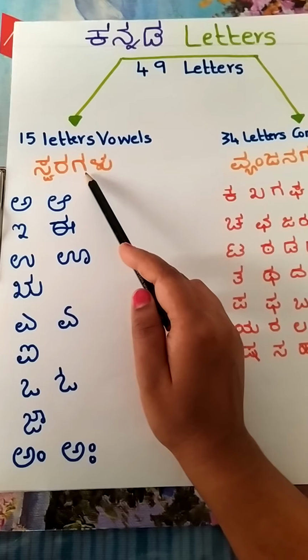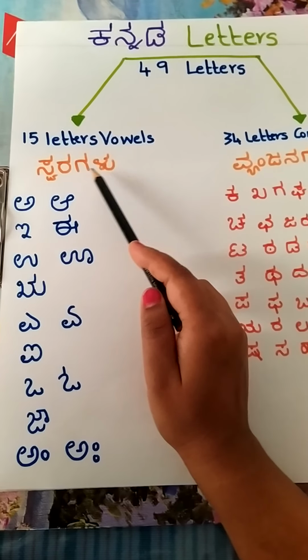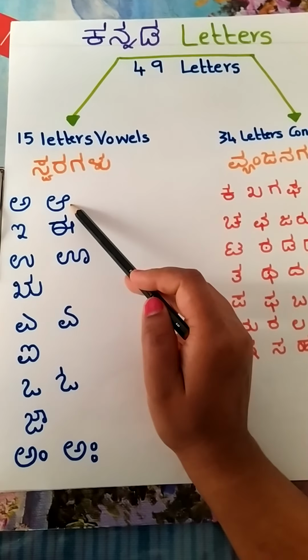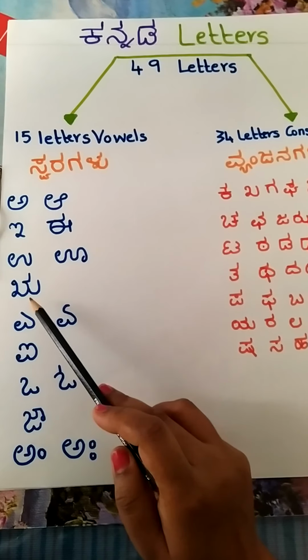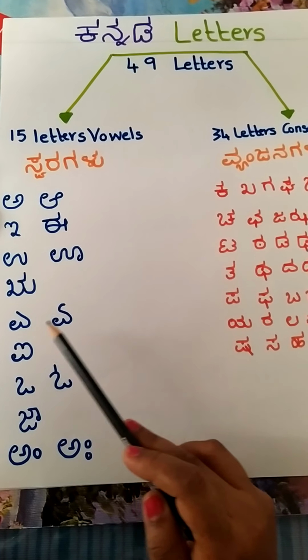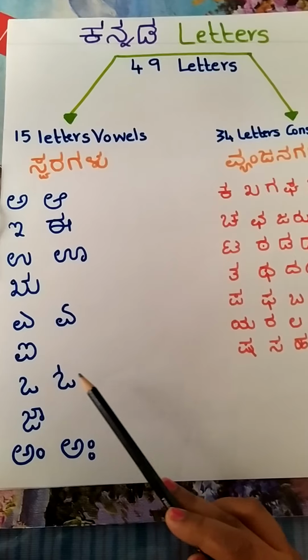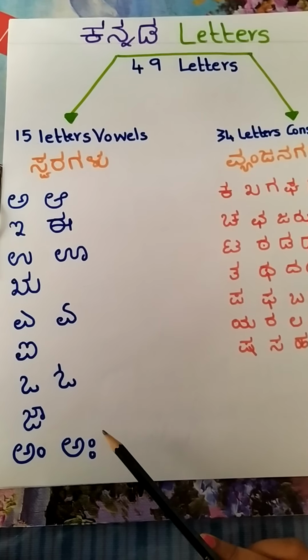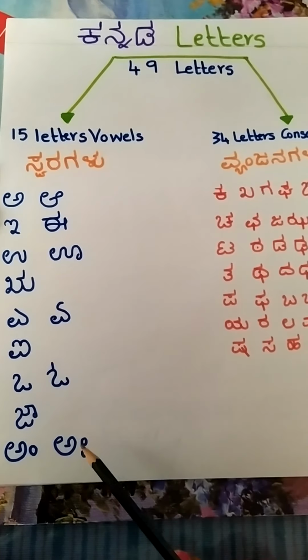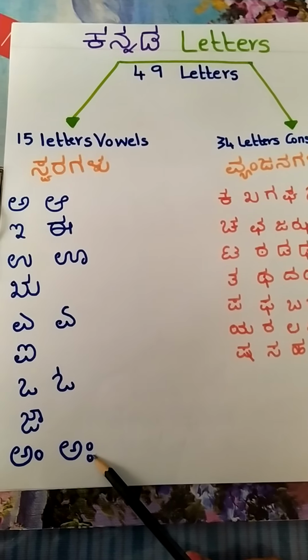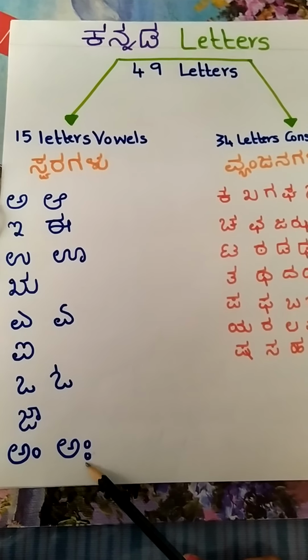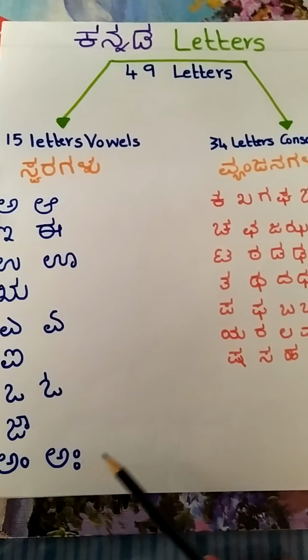In Kannada, we call them Swaragalu. From a, i, u, ru, e, o, au, aha, these 15 letters are called Swaragalu, and these are the vowels in Kannada.